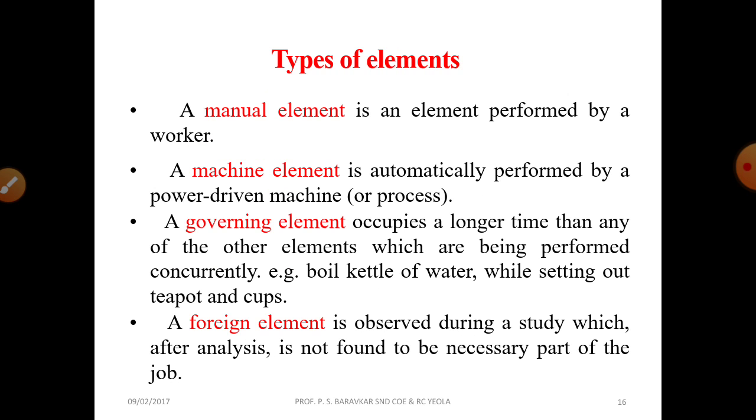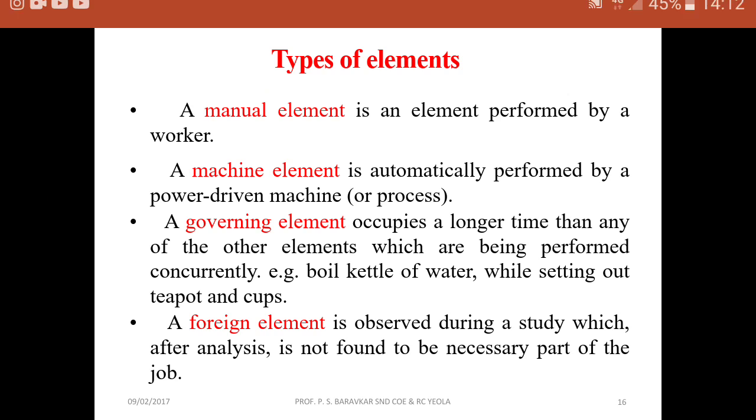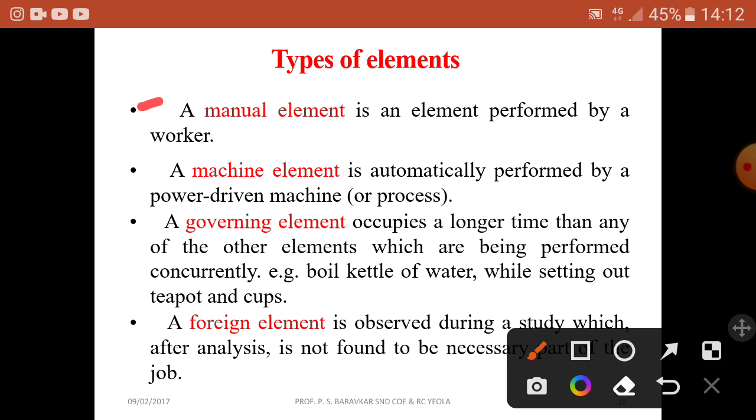Next, a manual element is an element performed by a worker. A machine element is automatically performed by a power-driven machine.